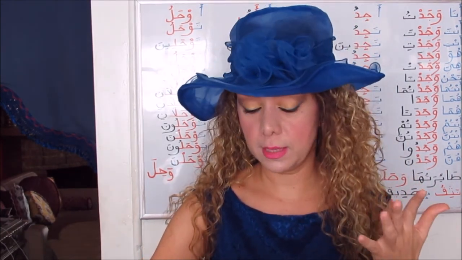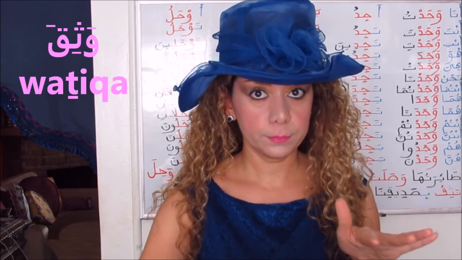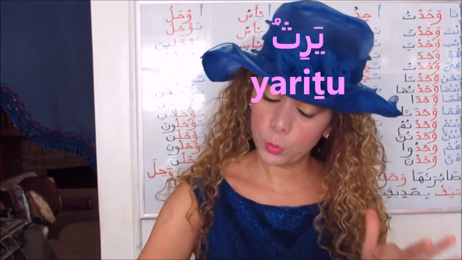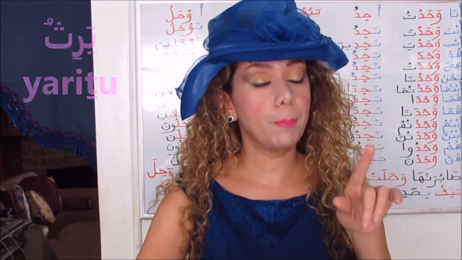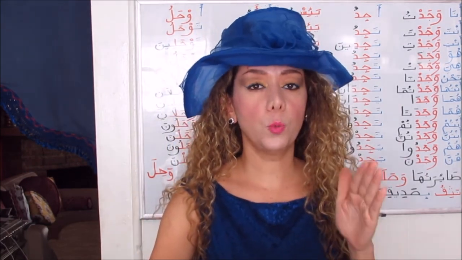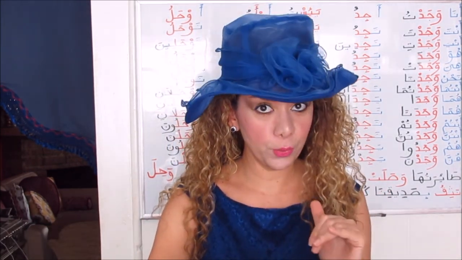In fact, many of these verbs have a kasra for the stem vowel in the past and maintain the kasra for the stem vowel in the present tense, as wathiqa, to trust, to confide in, yathiqu. Waritha, to inherit, yarithu.